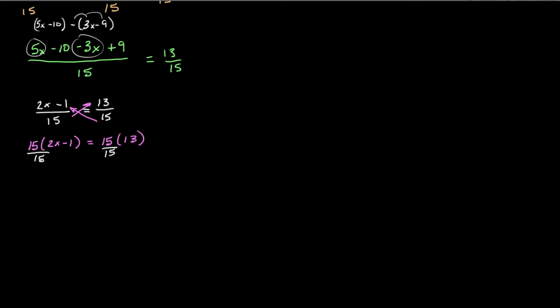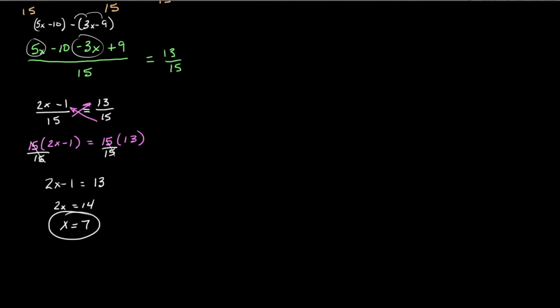Either I'm going to divide the first chunk by 15 or the second chunk by 15. Same way on the right-hand side. I'm going to divide the first chunk by 15, or the second chunk by 15, but not both, because they are not separated by addition. They are separated by multiplication. That will cancel out these 15s, leaving me with 2x minus 1 equals 13. And then if I pass through the algebra, I get 2x is equal to 14 by adding 1 to both sides. Therefore, x is equal to 7.